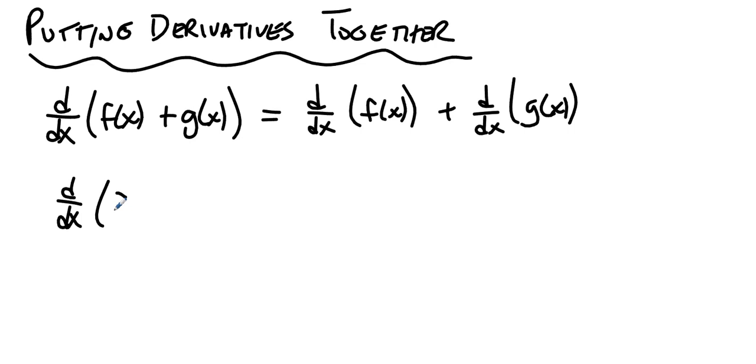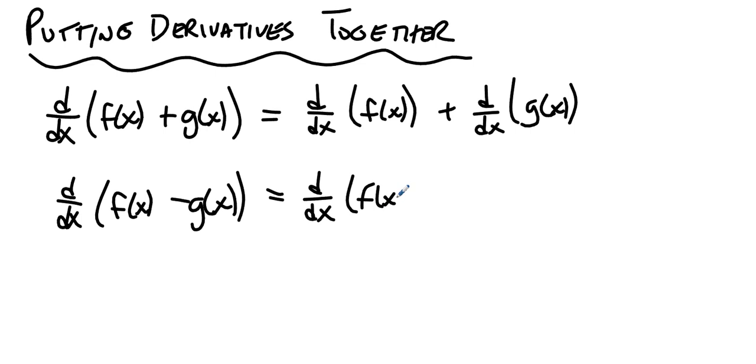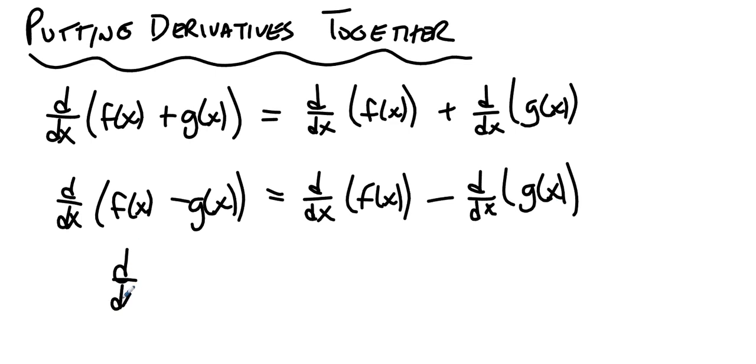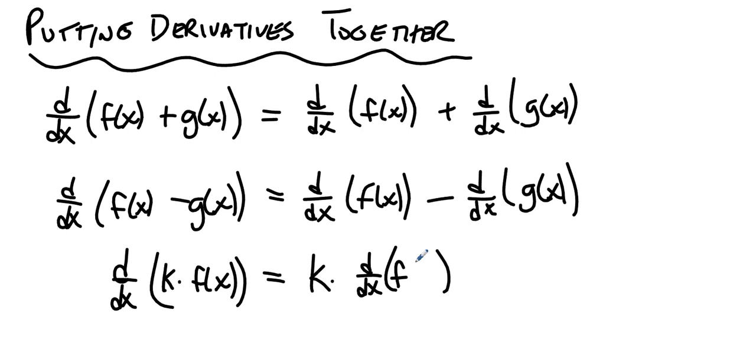If you want the derivative of the difference of two functions, well, that's the same as if you take their derivatives separately and subtract them. If you want the derivative of a function, but it's been multiplied by a constant, well, that's the same as if you just take the derivative and multiply it by the constant.